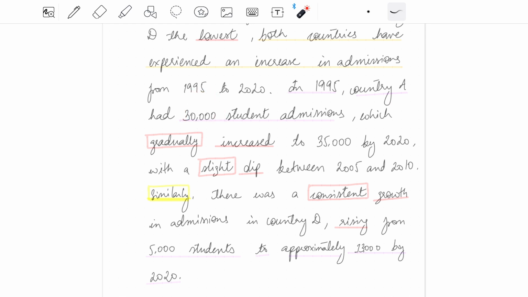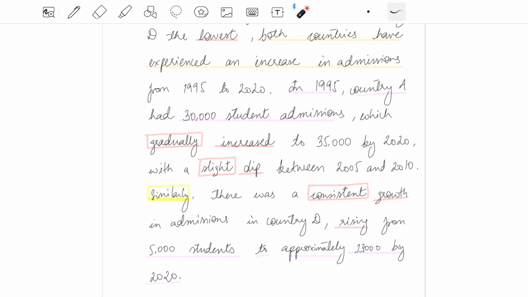And then I need to mention this, very important, the rate of change. How did the change occur? In this case, the change was an increase. So was it rapidly increasing or was it gradually increasing? In this case, it was gradually, so I mentioned this. This is important to mention these words.